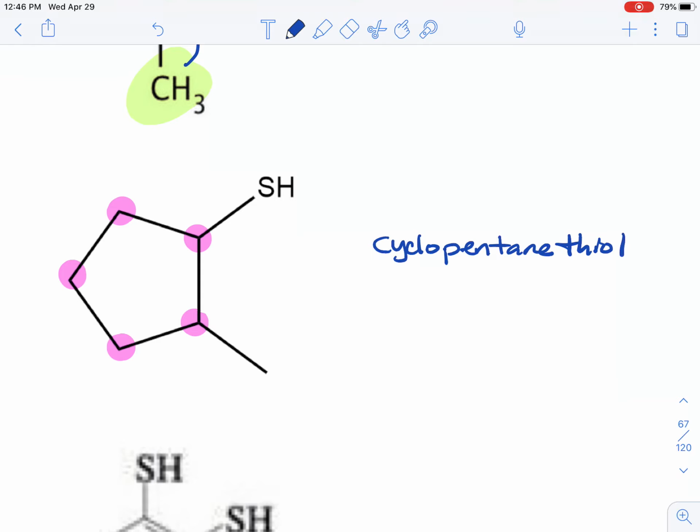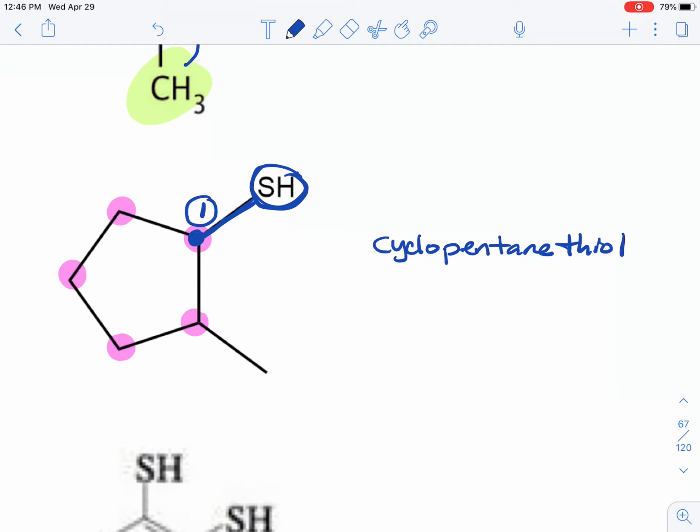Remember that for rings, wherever that functional group is, it's very similar to our cyclic alcohols. Wherever the sulfhydryl group is located in the ring, the carbon that shares its bond with that sulfhydryl group is automatically going to be carbon number 1.